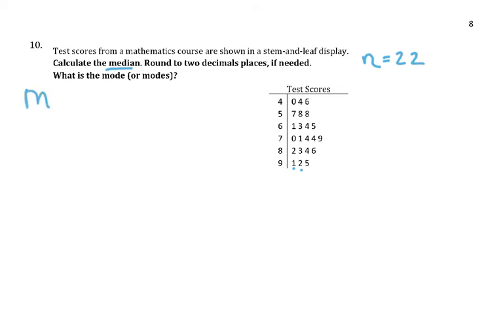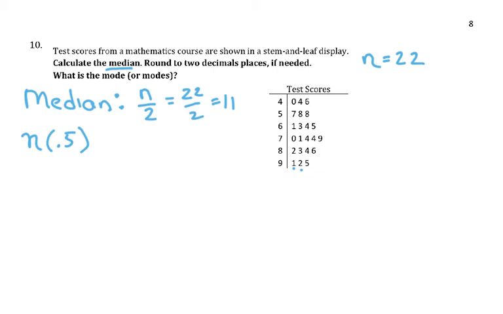So the median, you take n, divide it by 2, or alternatively, n times 0.5. This is the same thing. This will equal 11. 22 divided by 2 is 11.